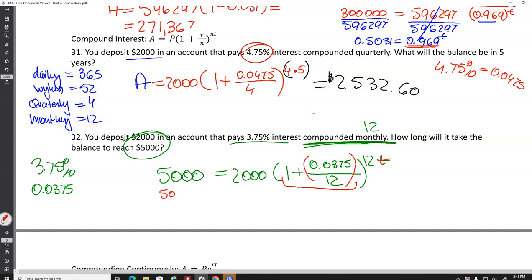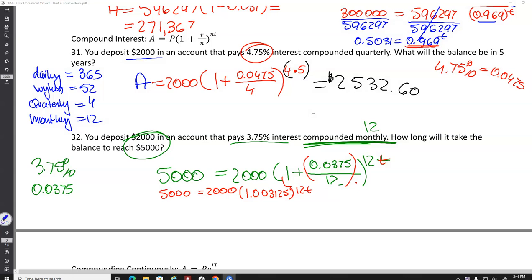So this is 5,000 equals 2,000. Now on the inside, I'm going to get 1.003125, and try not to round it up, raised to the 12t.